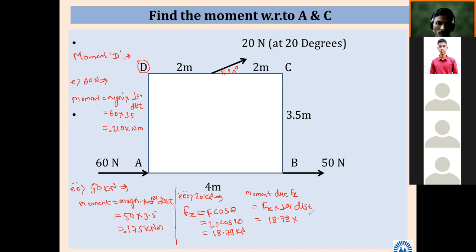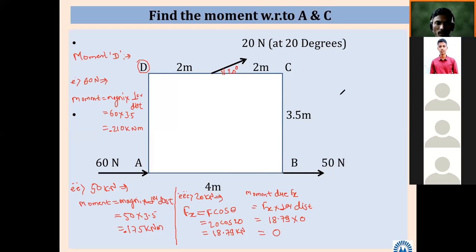Zero. Perpendicular distance is 0. So the answer is directly 0, not necessary to write anything. So moment due to Fx is 0.